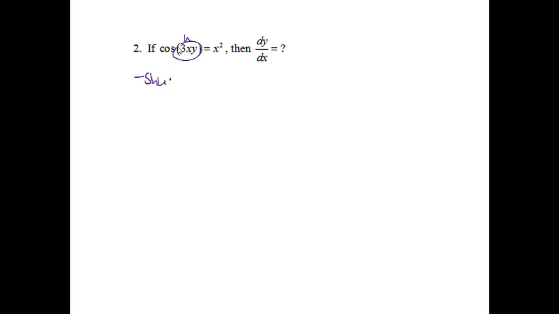And the derivative of 3xy, we actually get to use the product rule for, so I'm actually going to come over here and do a little side trip. If f is 3x, f prime is 3. If g is y, g prime will be 1 dy dx. All right, so using the product rule for this, it's going to be sine of u times du, which is in this case going to be f prime times g, so 3y, plus f times g prime will be 3x dy dx.